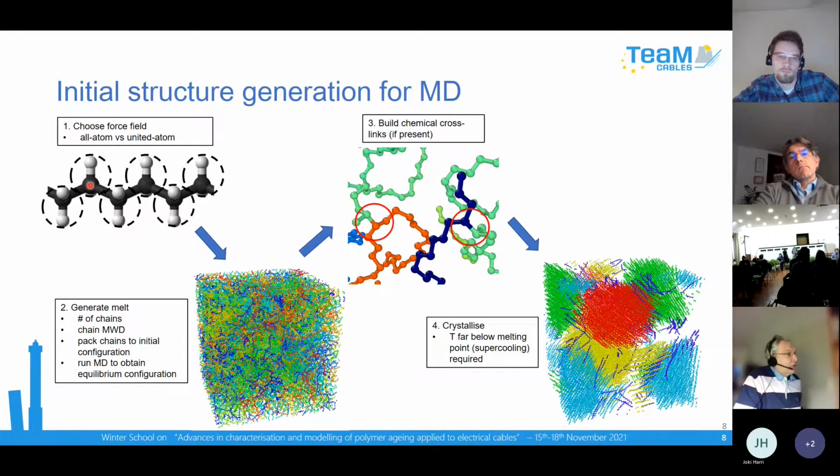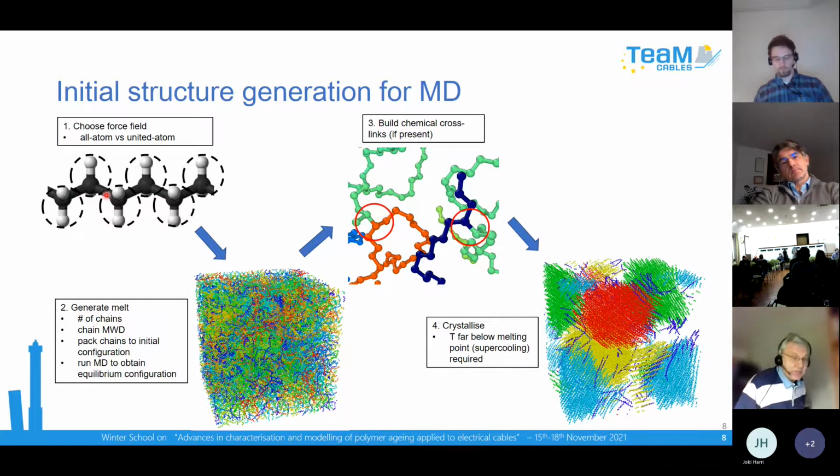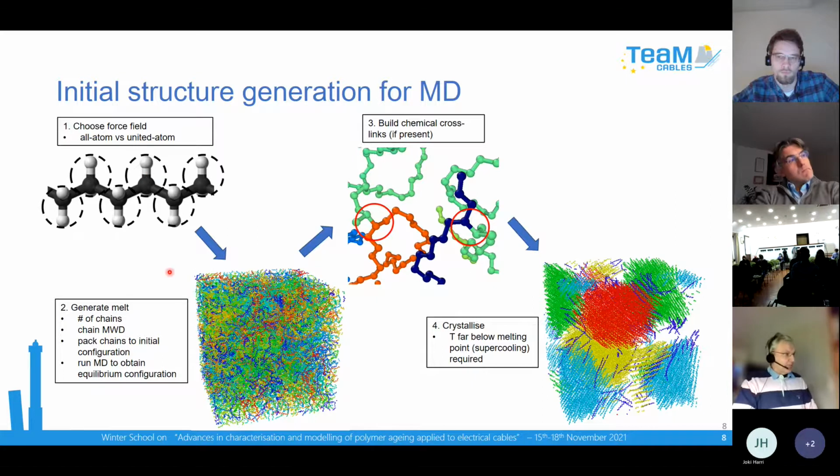For each carbon and 2 hydrogens, the CH2 unit, we defined that this is one united atom, and we represented our polymer entirely in terms of these united atoms. And then we chose an appropriate force field or interaction potential that then creates the forces between these united atoms. So that's stage one. We have to choose how we describe the particles.